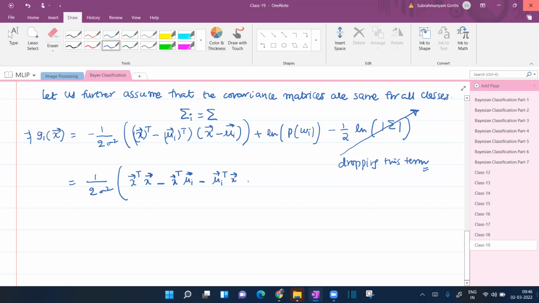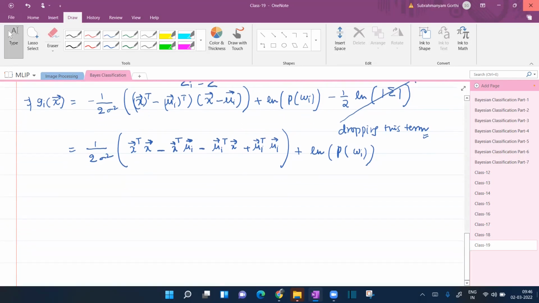I have written very similar things in the last class also. Mu I bar transpose times mu I bar, right? Plus natural logarithm of probability of omega I. Now I could redefine my GI of X bar. I defined it by dropping the minus 1/2 into natural logarithm of sigma.